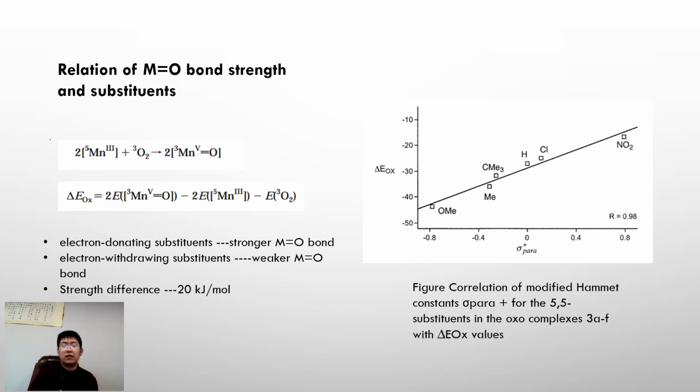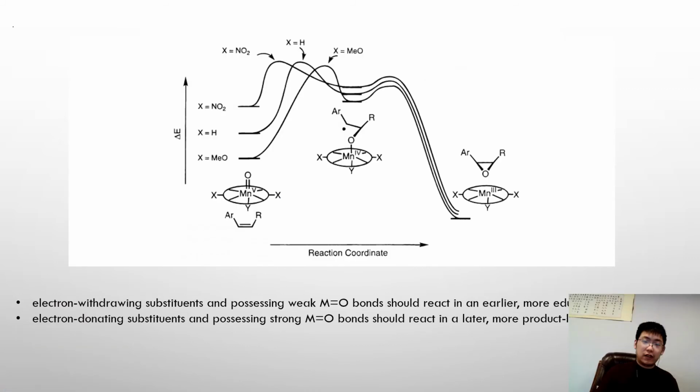The first conclusion, just like the last experiment, is that weaker bond strengths actually cause an earlier and more ethylene-like transition state. With the combination of these two experiments we discussed previously, the overall conclusion can be drawn here, and we can get this kind of relationship diagram.